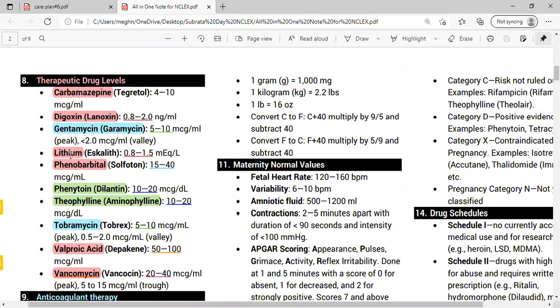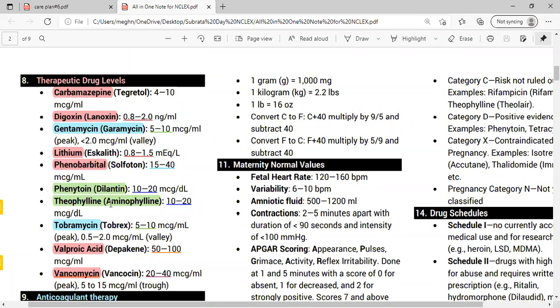Lithium is a mood stabilizer, 0.8 to 1.5 milliequivalents per liter. Phenobarbital is 15 to 40 micrograms per ml. Phenytoin is a drug for seizures. Another name is Dilantin, 10 to 20.